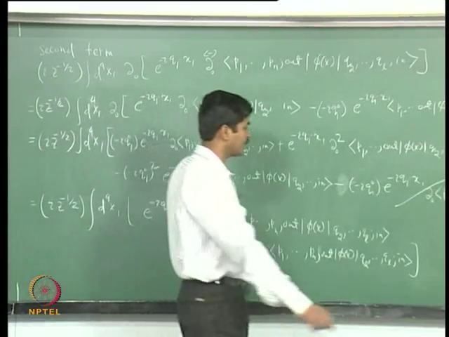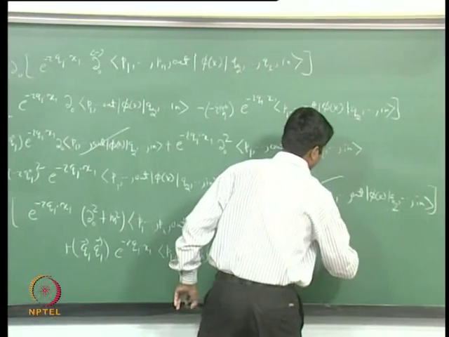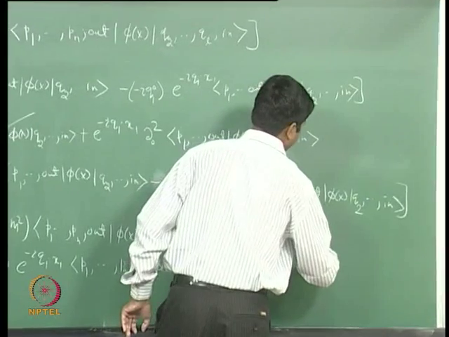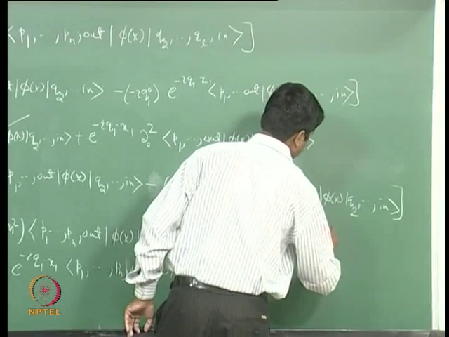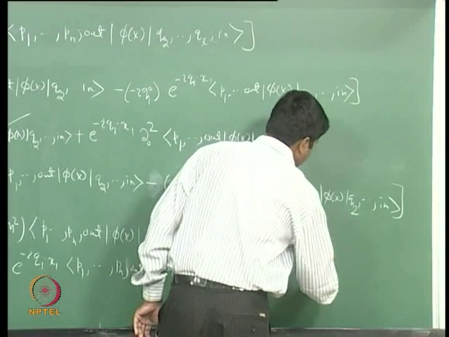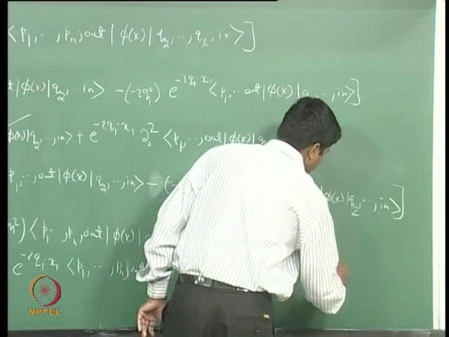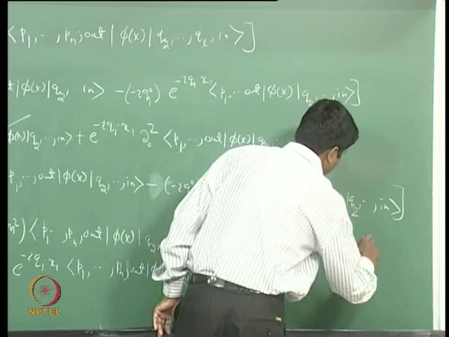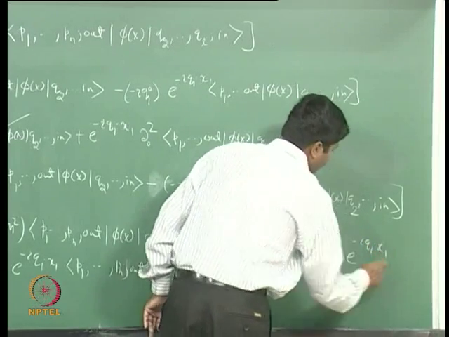What I am saying is ∇_1^2 acting on e^(-i q_1·x_1) is simply equal to -q_1·q_1 times e^(-i q_1·x_1).